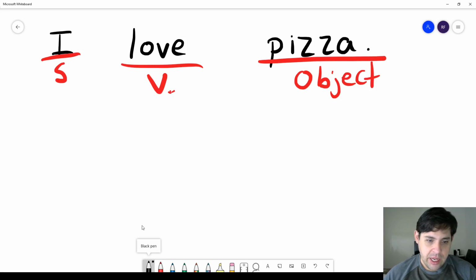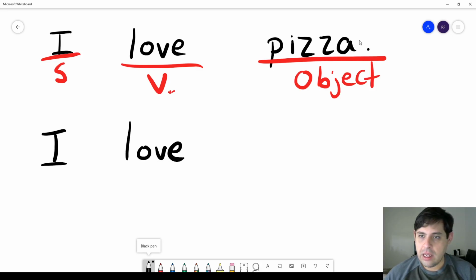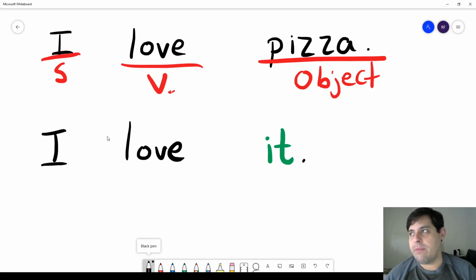So if I use an object pronoun, okay, pizza will turn into the word it. I love it. Why do I use this? Because if I know that I'm talking about pizza and I already mentioned the pizza, I don't want to repeat myself, right? So I can say I love it.